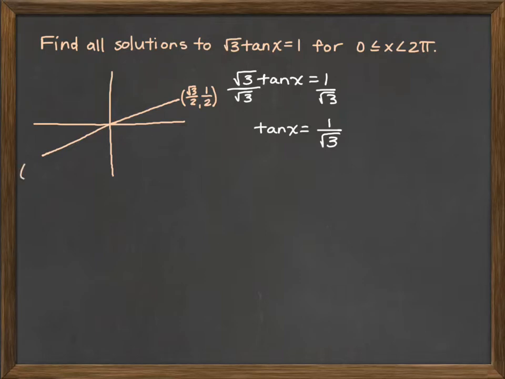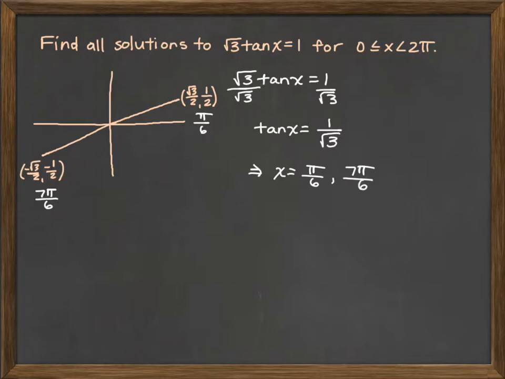Here we have negative root 3 over 2, negative 1/2. So in this interval, it works at pi over 6 and at 7 pi over 6. So we get x equals pi over 6 and 7 pi over 6.